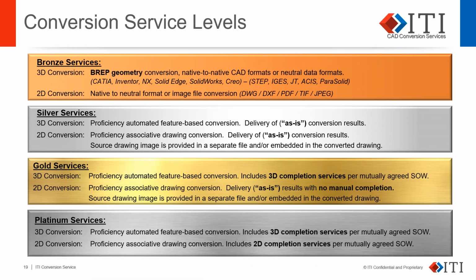Platinum services goes a step further here. In this case, as well as the 3D models being completed as agreed beforehand, we can also do this with 2D models. I would say that the platinum service is rarely needed, as most customers have a good understanding of what level of completion they need to do themselves.